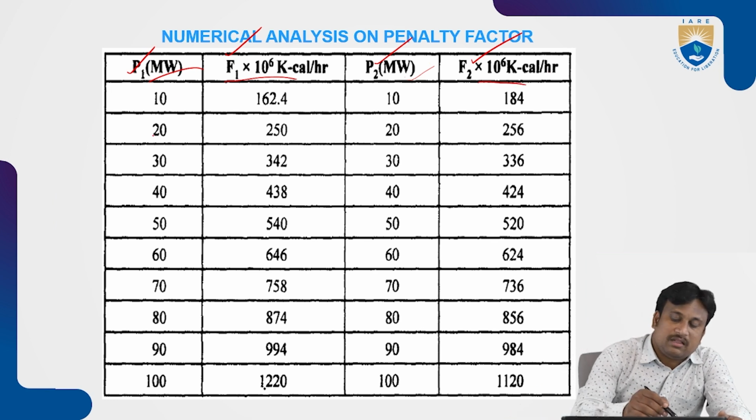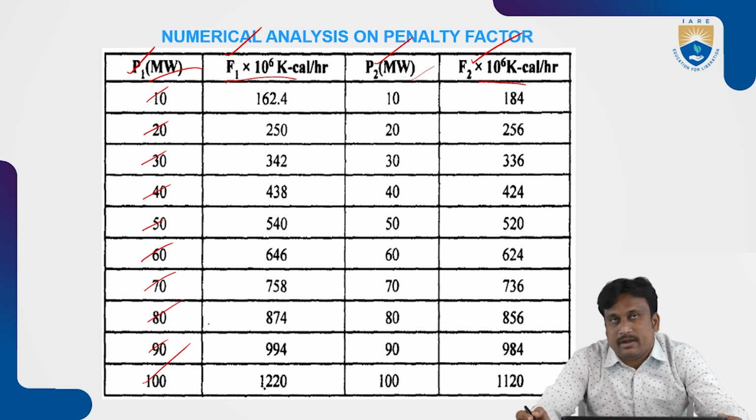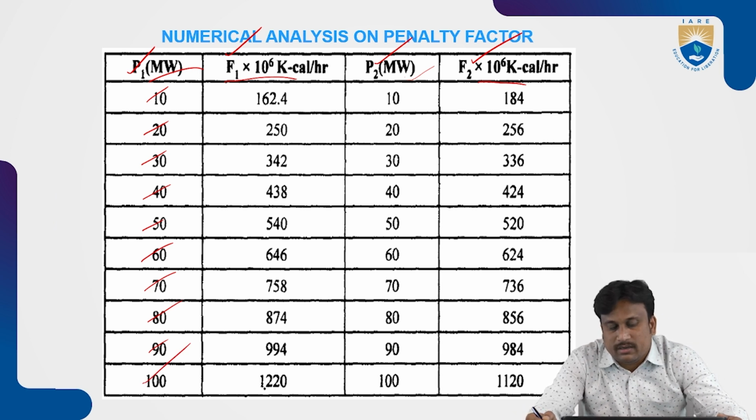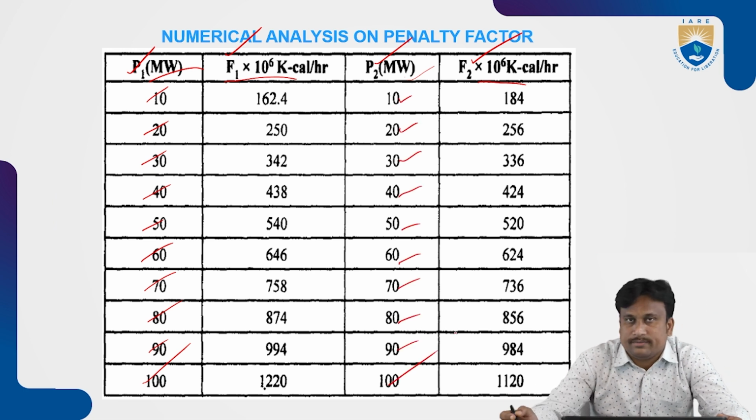Writing for all the P1 values, starting with 10, 20, 30, 40, 50, 60, 70, 80, 90, 100. P1 is considered till 100, and P2 also takes the same values, 10, 20, 30 till 100.